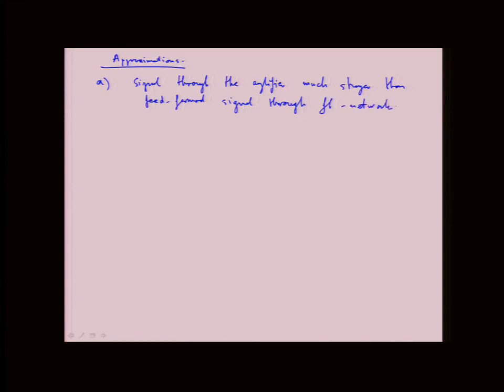In other words, what we're saying is that the magnitude of Y21A is much bigger than Y21F. Those are the coefficients associated with amplifier and feedback current sources, or voltage-controlled current sources.